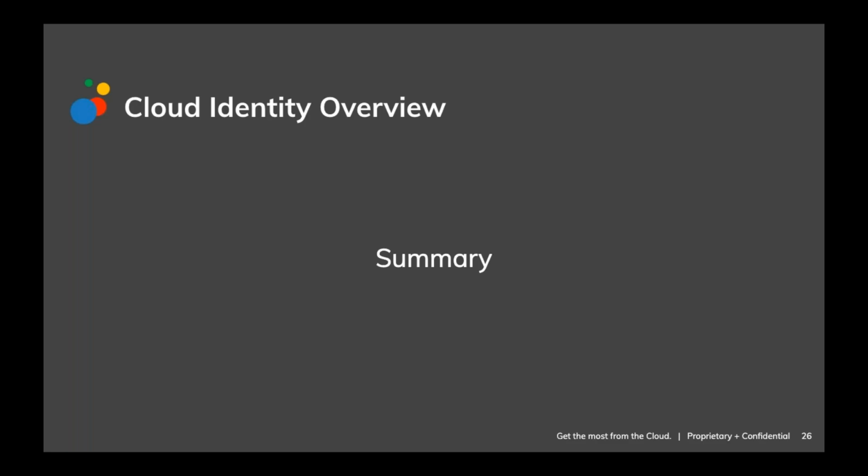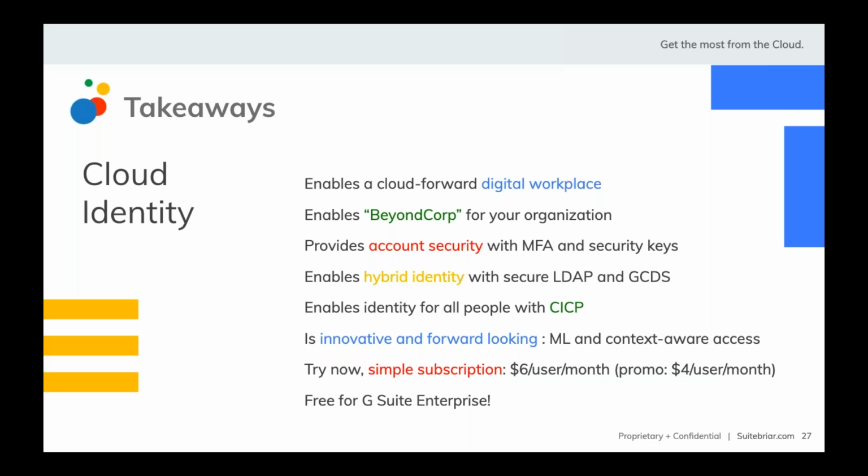So here's the summary. We're going to take a few takeaways from the overall presentation today. Cloud Identity enables BeyondCorp, which is that Google security model of moving access controls from the network over to the user and the device they're using to log in. It provides account security for all of those new applications, right?